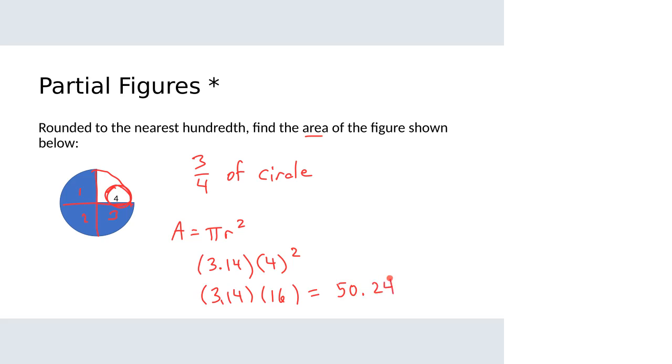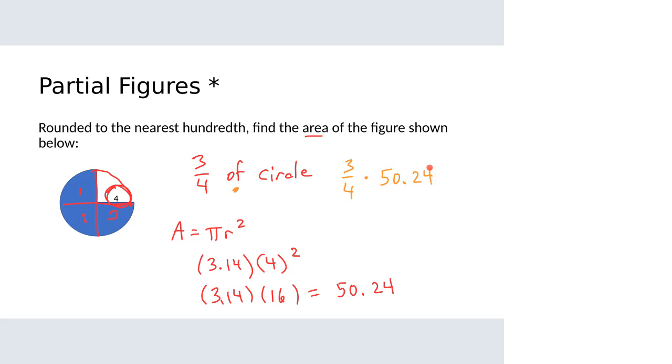So if we had an entire circle, our area would be 50.24, but we don't. We have 3/4 of a circle. So the area of our shaded picture is just going to be 3/4 of, which is multiply by 50.24.